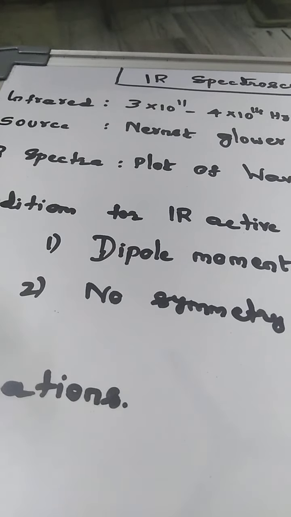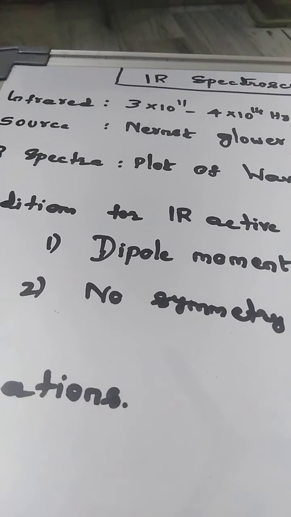Say, for example, the carbonyl moiety: in that, the carbon always will have a partial positive charge and the oxygen will have a partial negative charge. That means there is an electronegativity difference between these two atoms. If this condition persists, then only the molecule will be IR active.